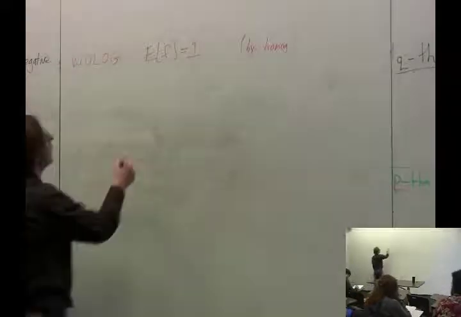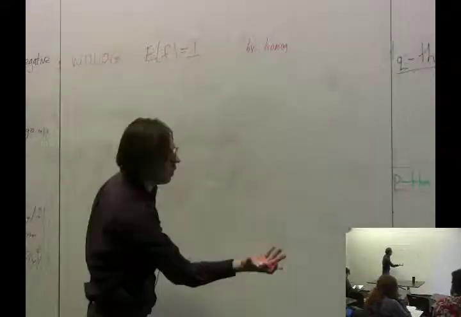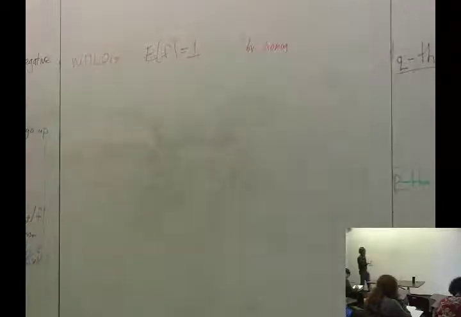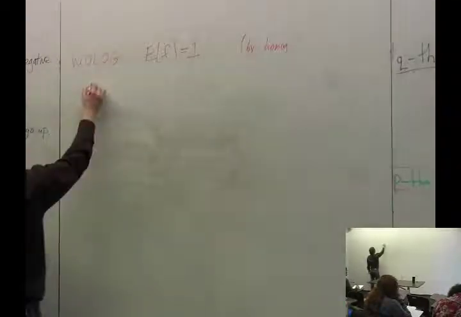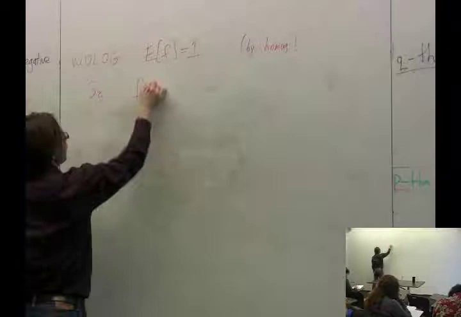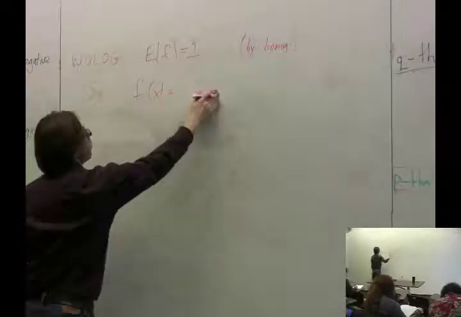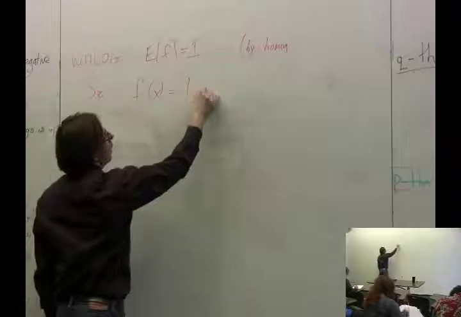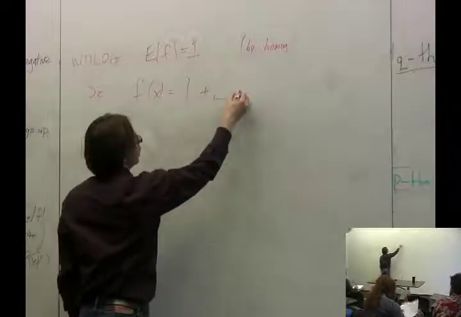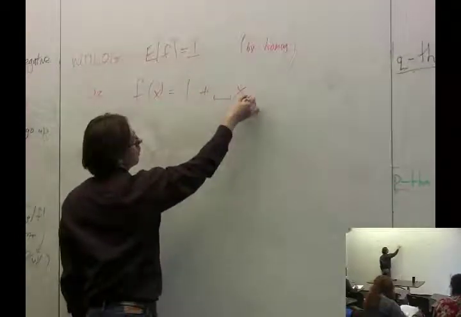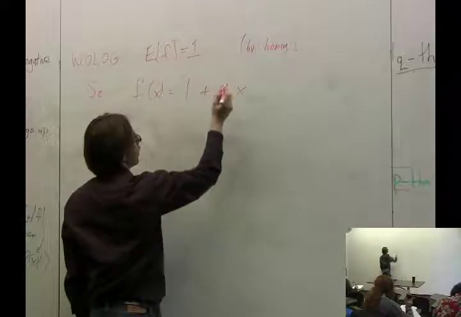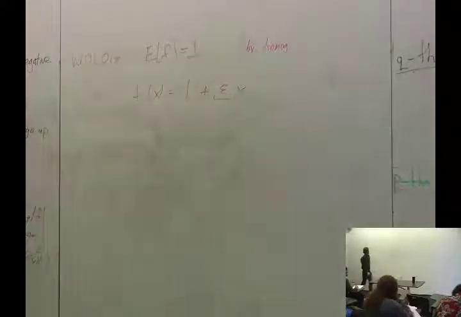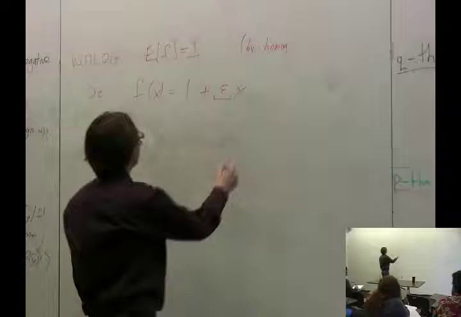Finally, remember, f is still all along just a 1-bit function. So we know that its Fourier expansion, to dignify it with that name, is 1, because now its mean is 1, plus some coefficient times x1. I'm just going to call this epsilon. And what do we know about epsilon?